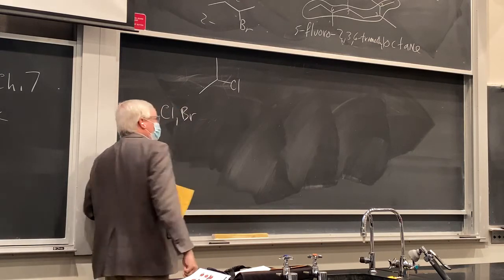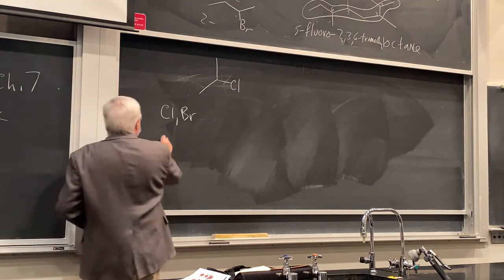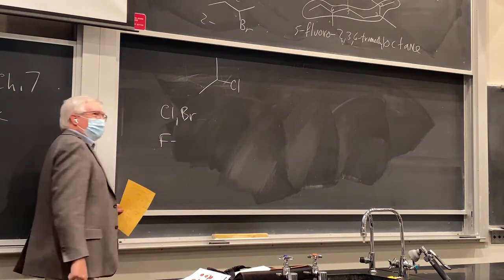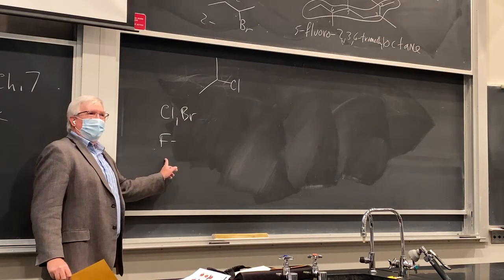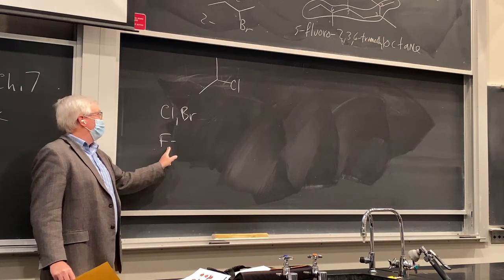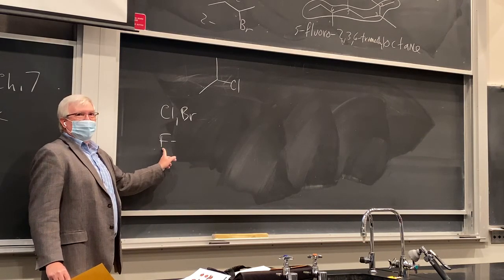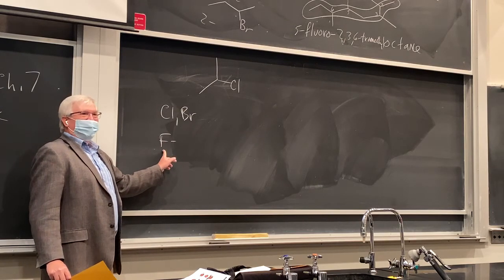Chlorine and bromide are very good leaving groups. Fluoride, you could say, well, that should be even better. It's even more electronegative. The problem is it's smaller, and a carbon-fluorine bond's too strong. And it turns out that there's other factors there that make that a very bad leaving group. Okay, and plus the conjugate acid is not that strong.